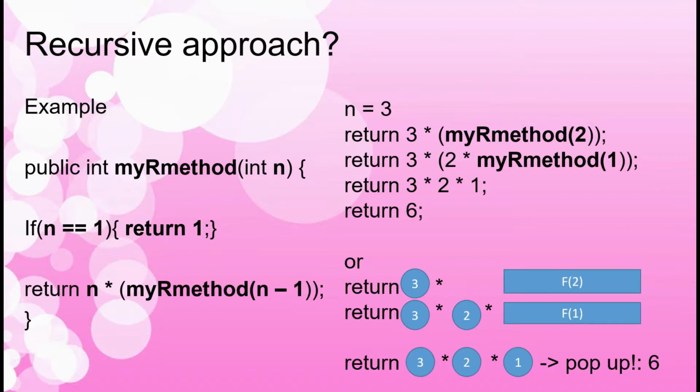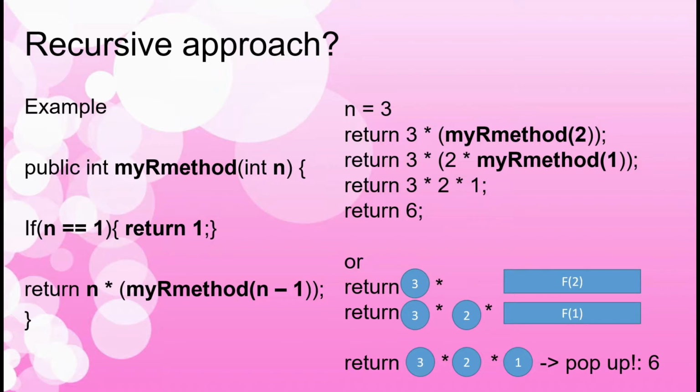So for example, if we have the number 3 as n, we just set inside the parameter the number 3. Then it returns 3 multiplied, as you can see here, by my recursive method n minus 1. n minus 1 means 3 minus 1, and this is 2. So you have return 3 multiplied by my recursive method 2. What is the recursive method 2?